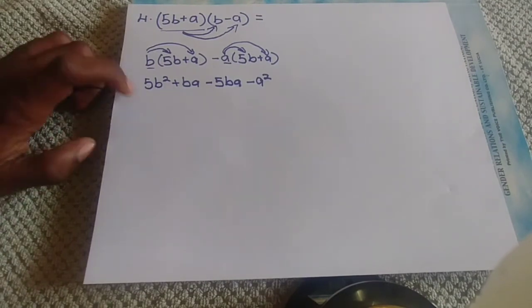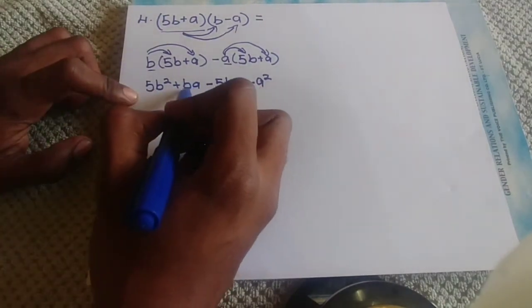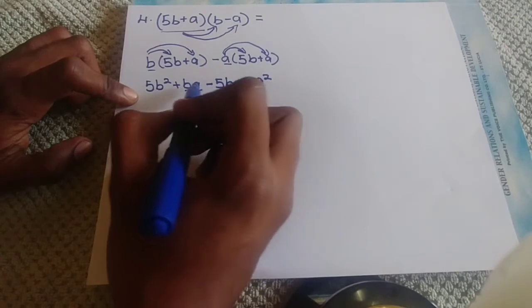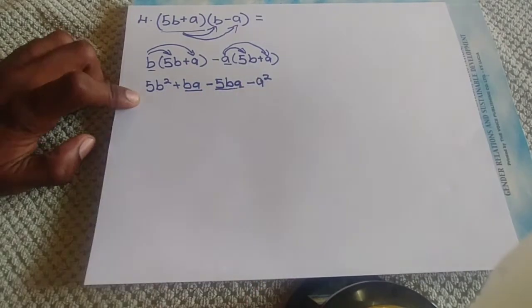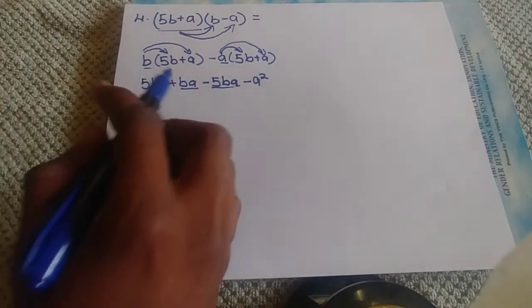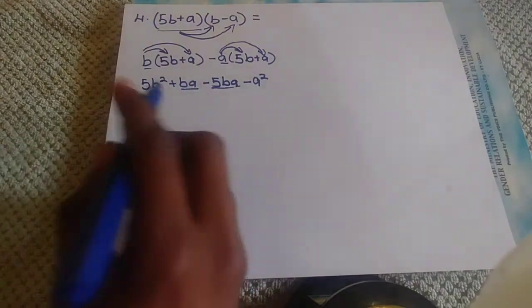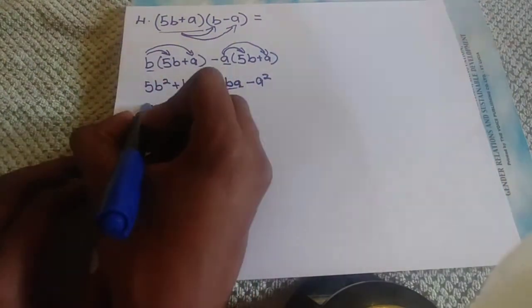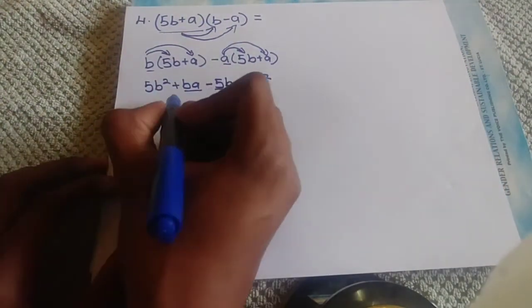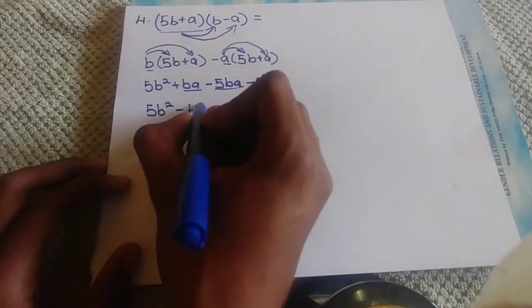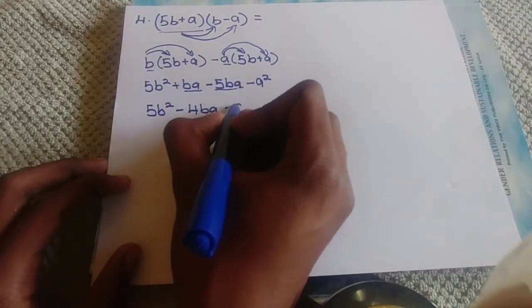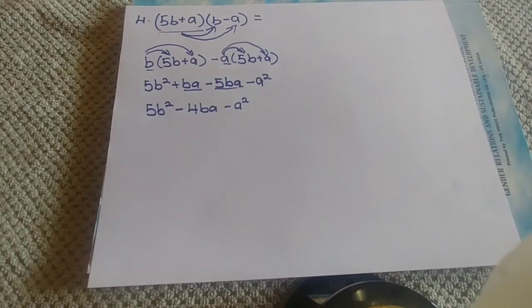Now our like terms there are ba and negative 5ba. So we can simplify them to give us 5b squared minus 4ba minus a squared.